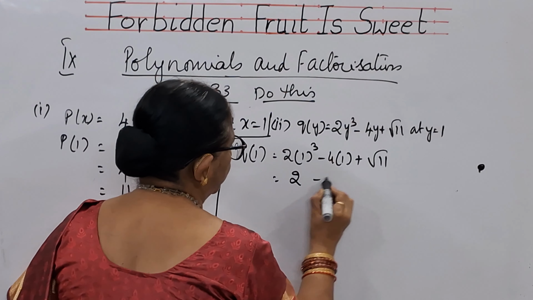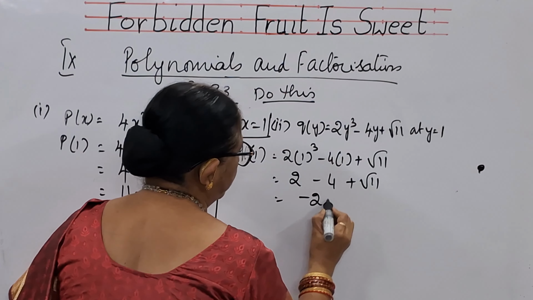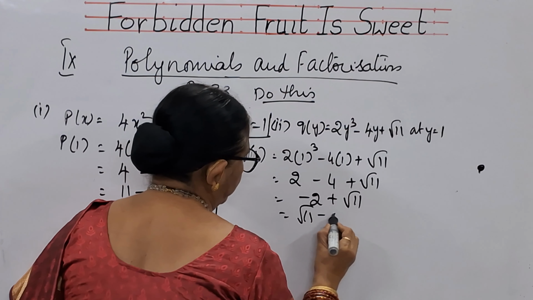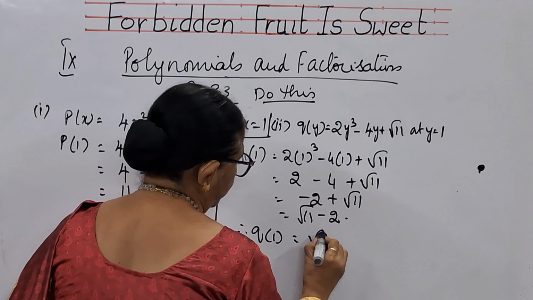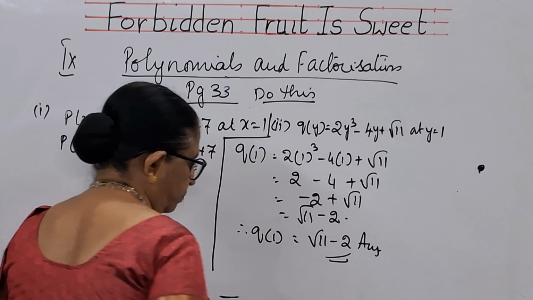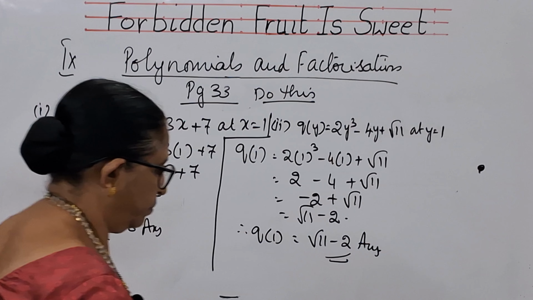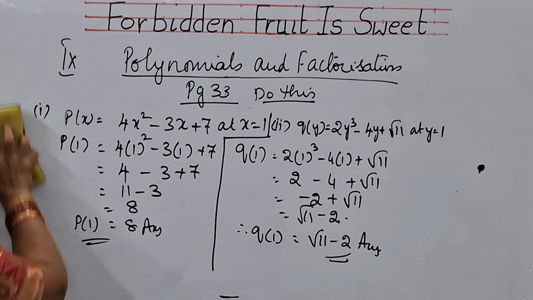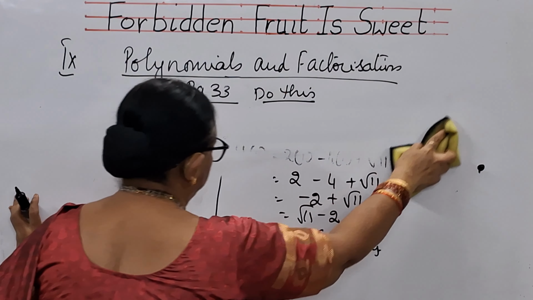That is 2 minus 4 plus root 11. How much am I getting, children? Minus 2 plus root 11. I can write it as root 11 minus 2. Therefore, q of 1 is equal to root 11 minus 2 is your answer. So, write down these two bits. Now, let us see what is the third bit.